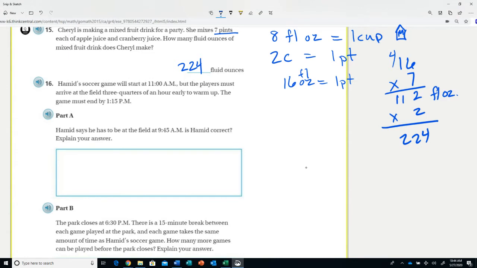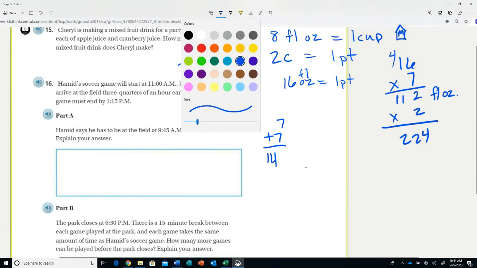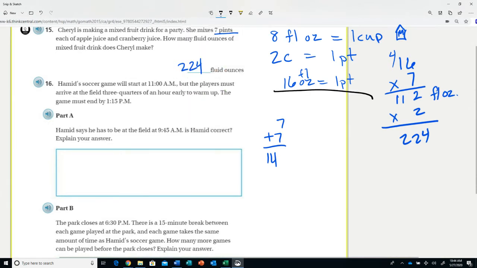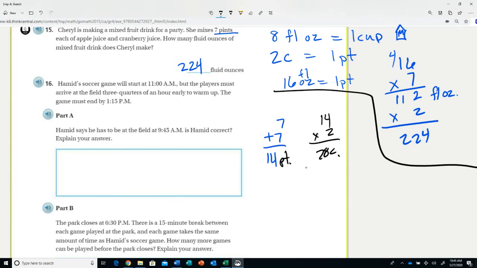So I did 7 of each. So 7 plus 7 was 14. I'm going to switch colors to show that this is a different model. I'm going to have to erase some of that in a second. So I got 14 pints. I know that 2 cups are in each, so I did 14 times 2, got 28 cups.